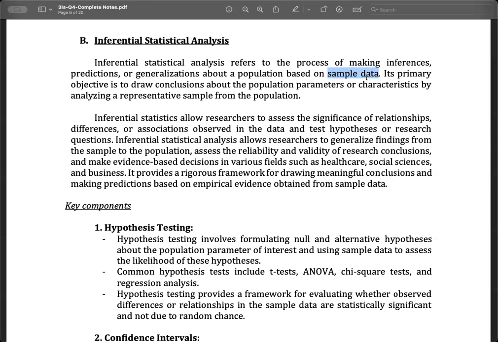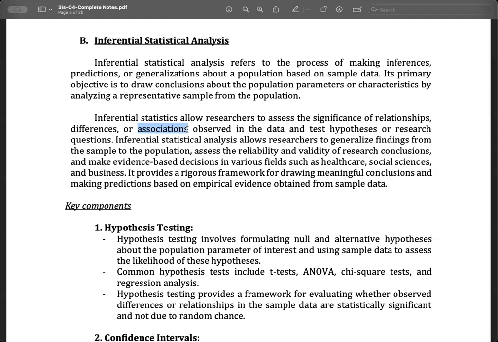Now, when we do inferential statistics, there are specific interactions that we are interested to explore or evaluate. And that includes significance of relationships or correlations, differences, and even associations. So depending on your study objective or your study goal, the type of variable interaction that you are going to establish or analyze will depend on your goal.